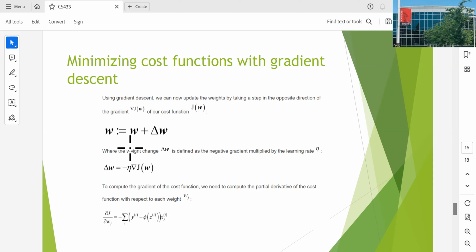That's why we call it gradient descent. You approach the local minimum point, maybe not exactly, but around that area. Okay, so that's the whole idea about gradient descent.